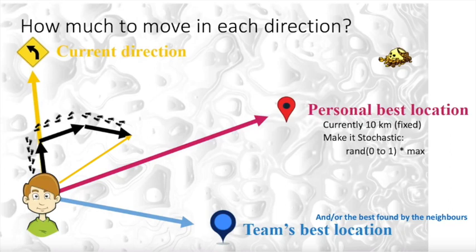So we generate a random fraction between 0 and 1, and we multiply this fraction with an upper limit or max. So if max equals 10 kilometers, we can move anywhere between 0 and 10 kilometers. While we may overshoot or undershoot, at least we have a flexibility of movement.